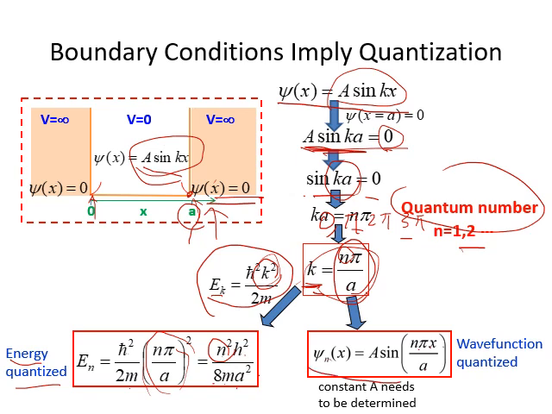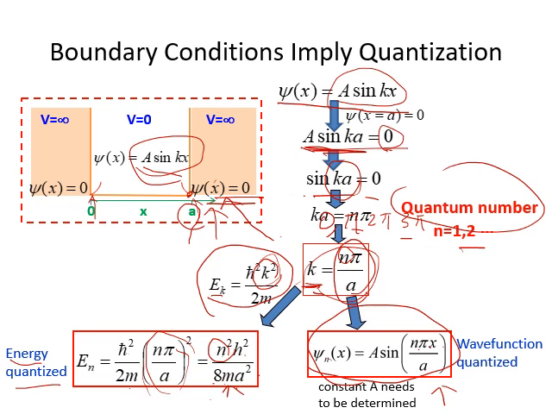So the wave function can only be a sine pi x over a, 2 pi x over a, 3 pi x over a. So by applying the boundary condition on the right side, the energy is quantized. The wave function is also quantized, meaning only certain allowed energies and wave functions are possible.